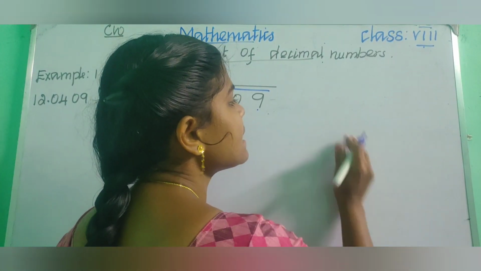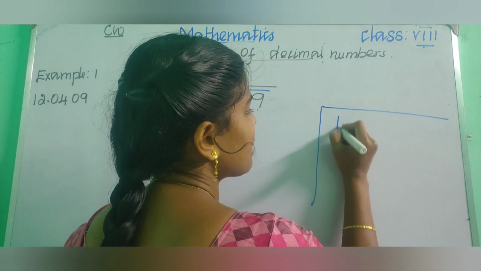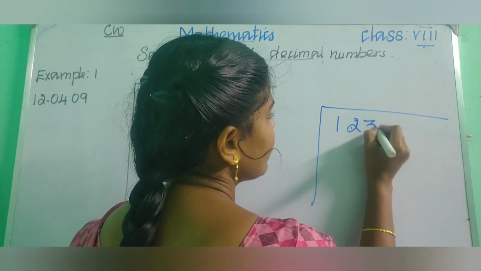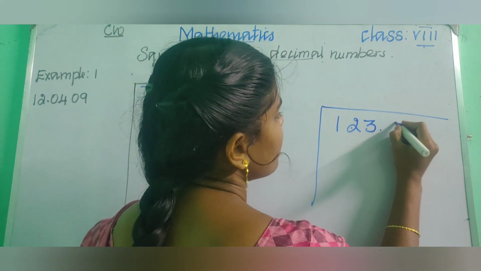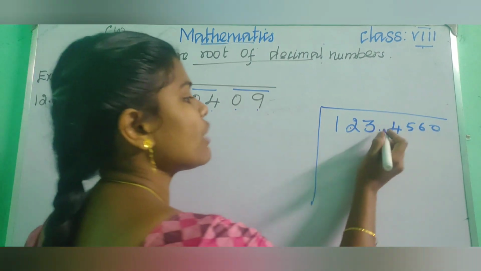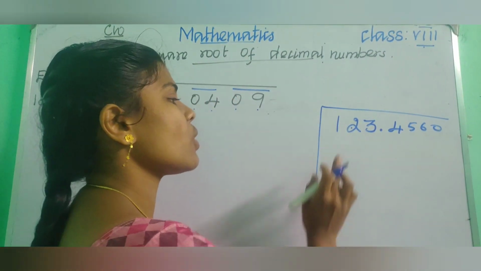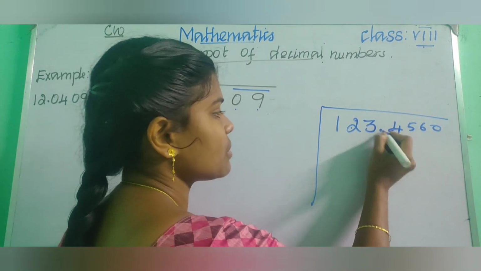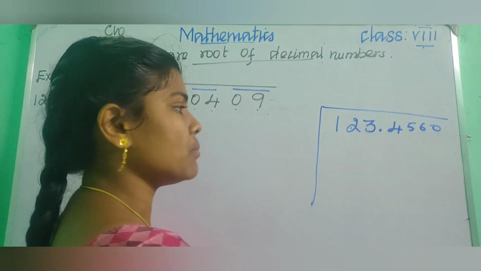But if it is a decimal number, like 123.4560, okay, children.